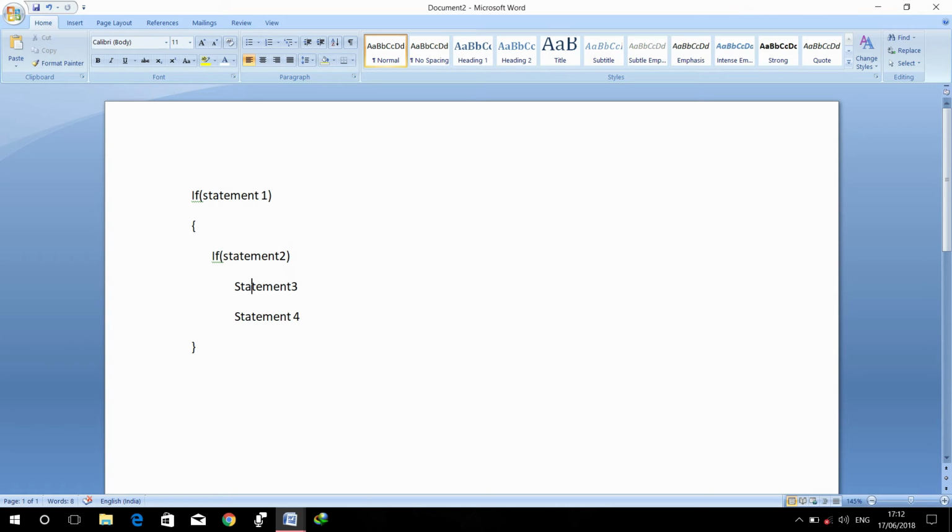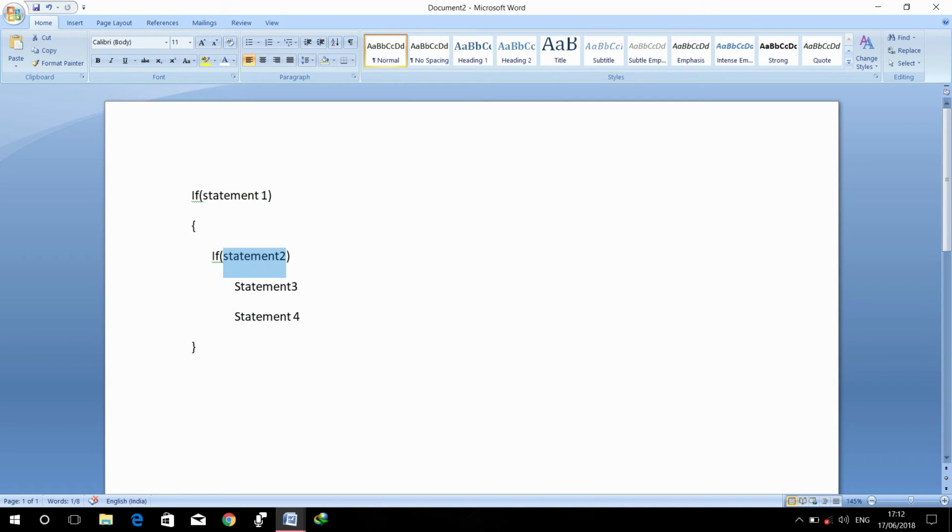First the compiler goes to statement number 1 and checks whether it is true or false. If statement number 1 is true, then the compiler goes into the nested if and checks statement number 2. If statement number 2 is also true, then it executes statement number 3, and after that statement number 4.